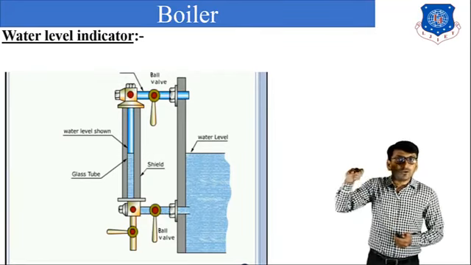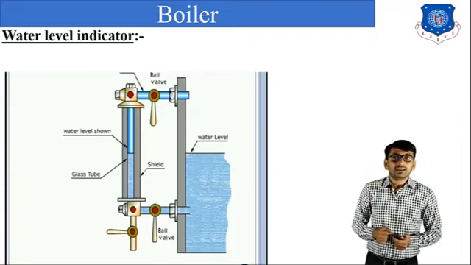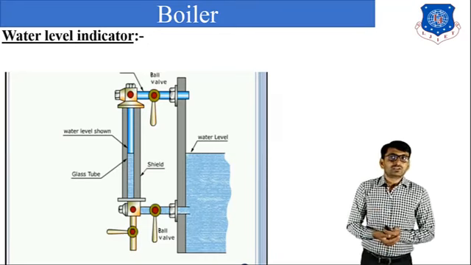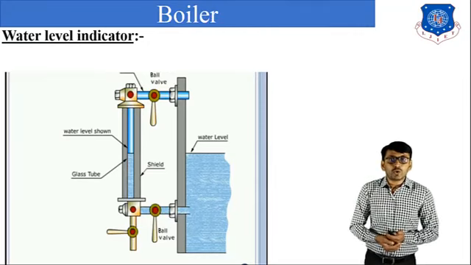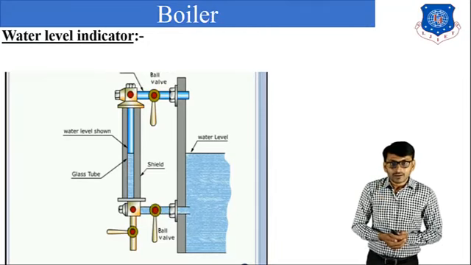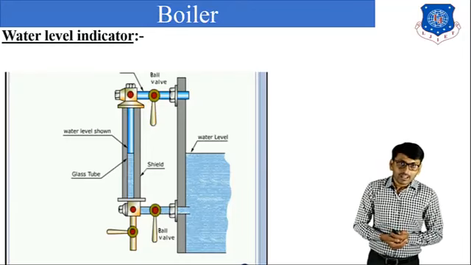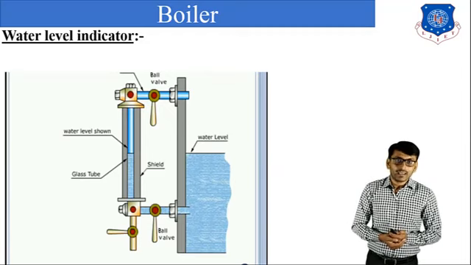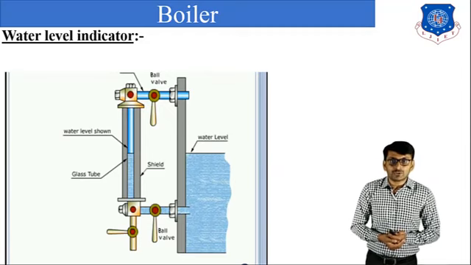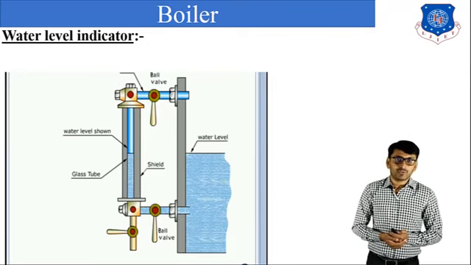So how much water is present inside the boiler, that it indicates. The water level indicator is attached to the boiler, and it consists of two valves. First, the lower valve is called the water valve, and the upper valve is called the steam valve. Okay, and it consists of one glass tube which is sealed so that it protects the glass tube.